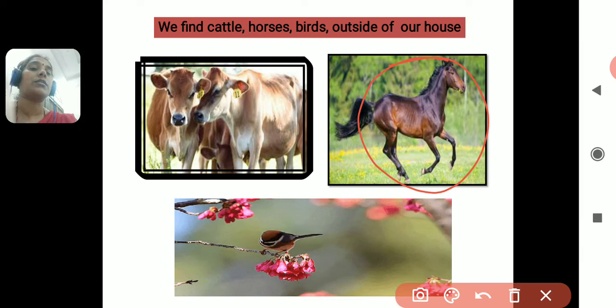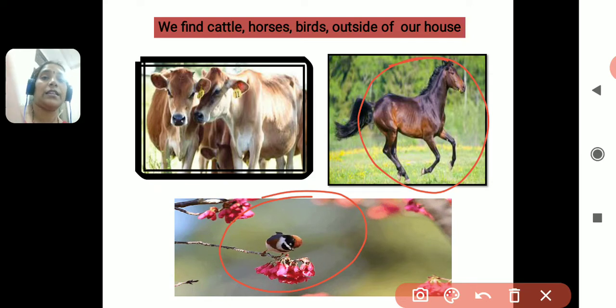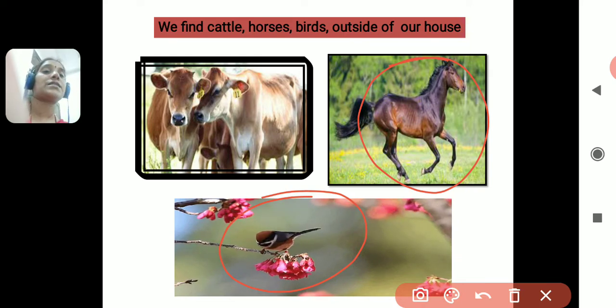If we talk about the sparrow or birds, they are also found near our houses. So what we can conclude, the living organisms sometimes live along with us and sometimes they live near our houses or in our surroundings. So students, there is a huge variety of living organisms in different surroundings.